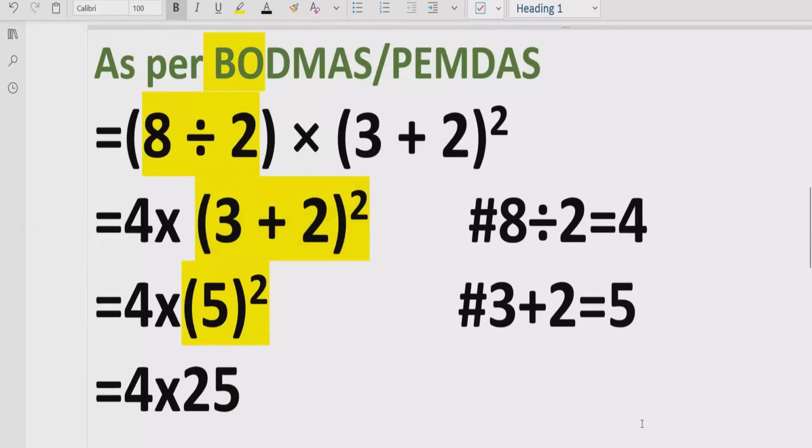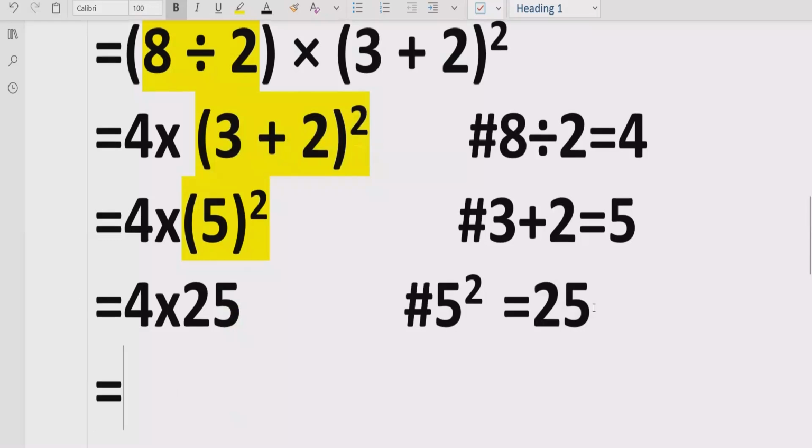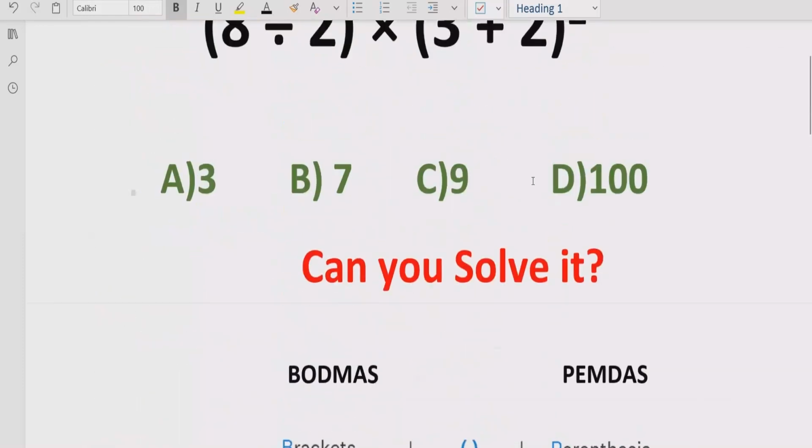And we will give the reference 5 raised to power 2 equals 25. So in the end, we will multiply 2 terms, which is 4 multiplied by 25, which equals 100. So the answer of the given expression is 100. If you see the answer list, answer D is the correct answer of this expression.